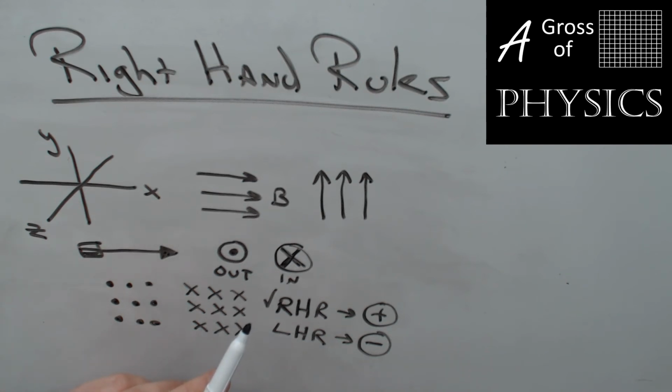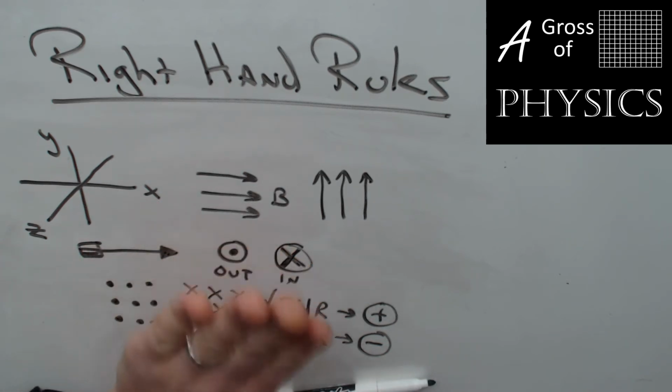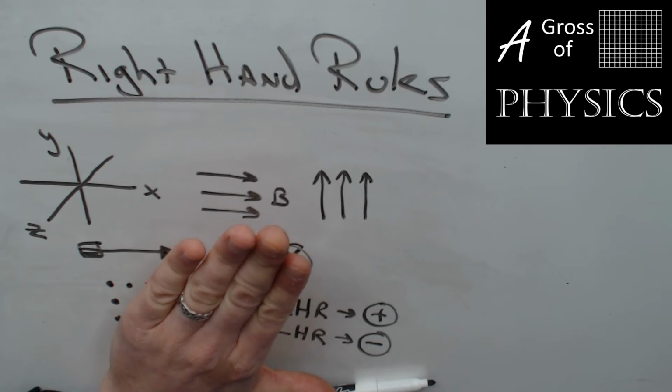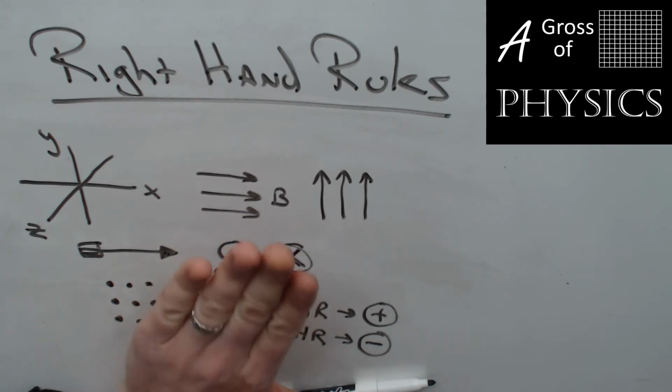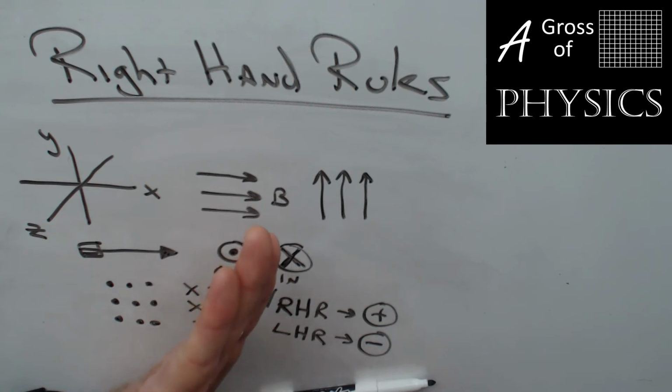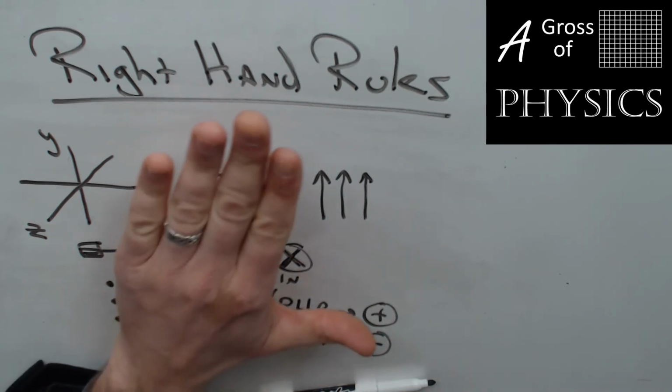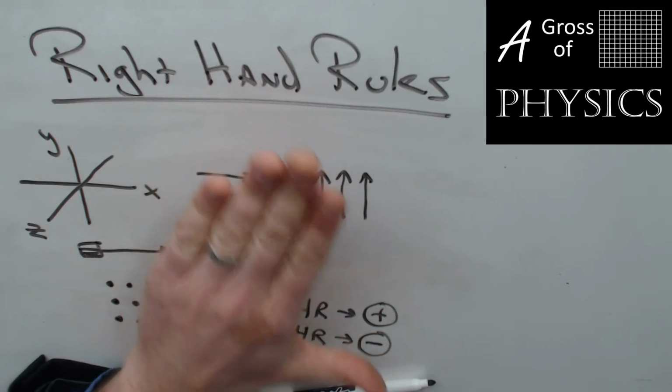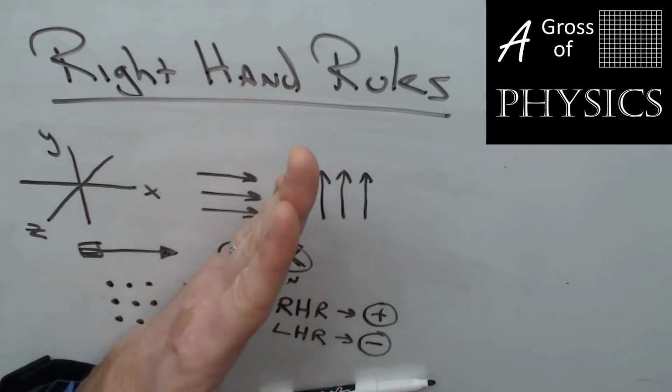Now, the other thing you need to do with the right-hand rules is realize that you have three parts of your hand. If you hold your hand flat like this, you have three dimensions. You have the plane of your hand itself, you have the palm of your hand coming out, and then you have your thumb. So the three directions are represented in a flat hand like this.